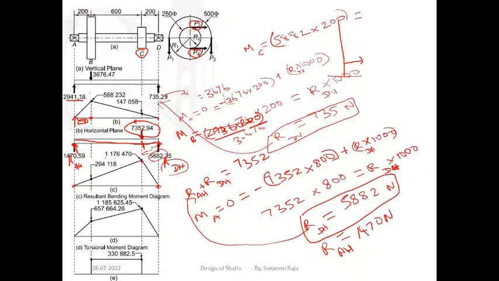Suppose if you take that side, one force is acting, that is 1470 into, what is the distance between point A and point C? 800. In both you will get the same answer only.